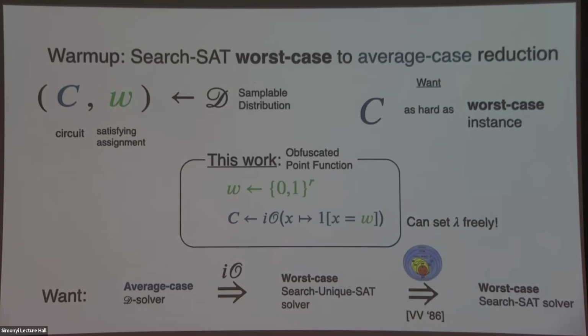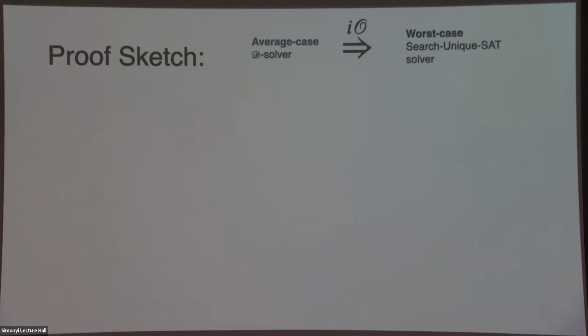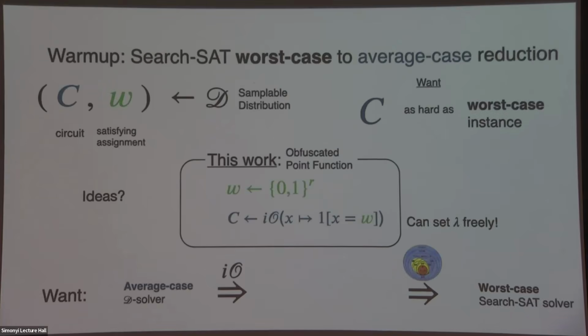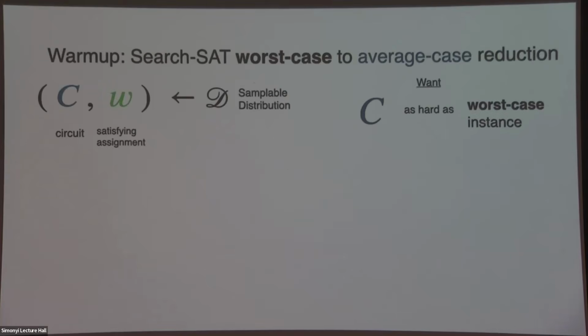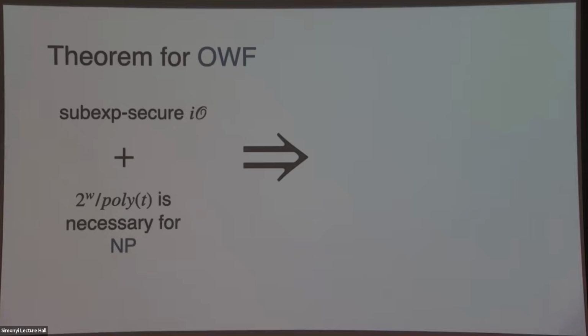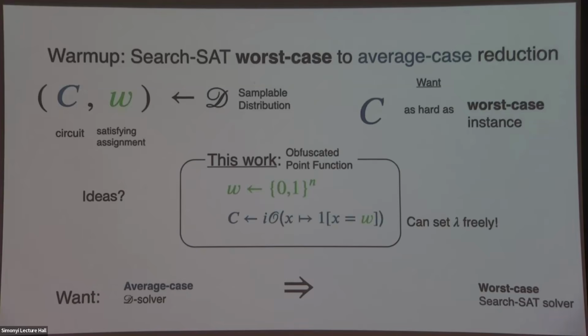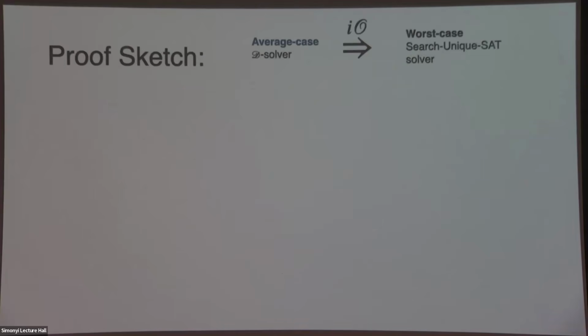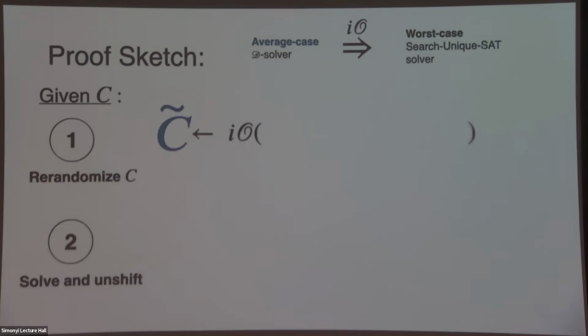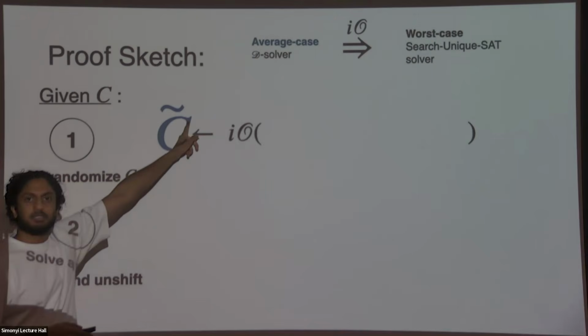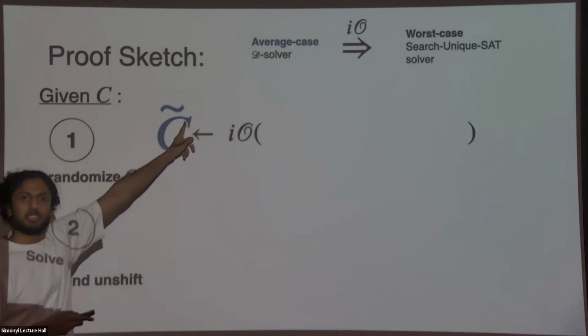Why did you leave IO if you do the re-randomization? Good. Okay. So what you're probably thinking is this: I re-randomized C, I got the C tilde, and its truth table is just a random point function, right?